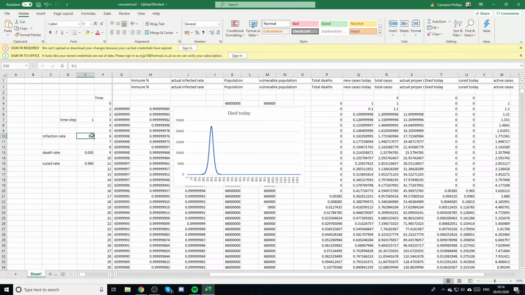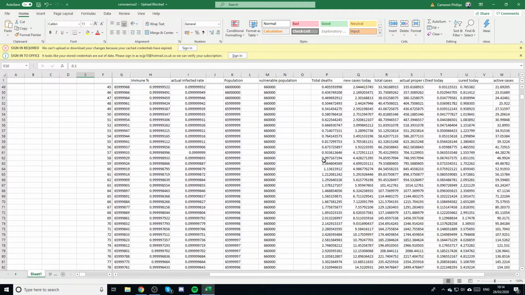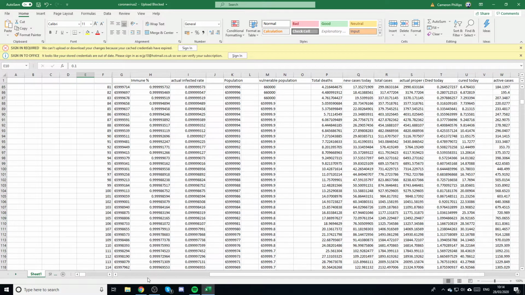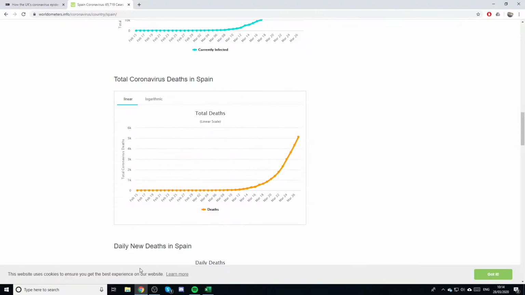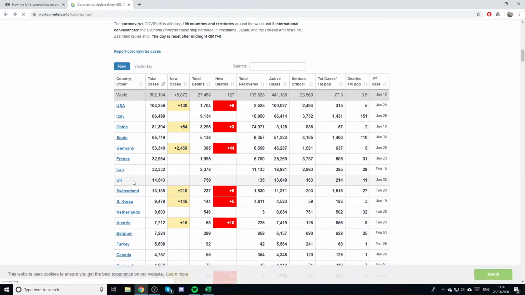One other thing from this model is if we look at our total deaths, for example, in the UK, at the moment, 759, and it says 14,000 people have got it.